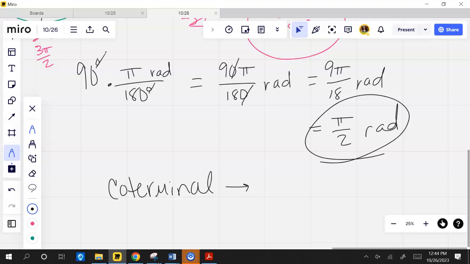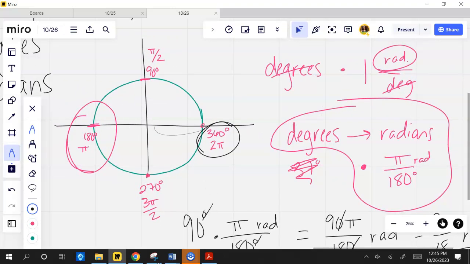We've only done coterminal in degrees. We haven't done it in radians, but it's the same thought process. How many radians does it take to loop all the way around one time? 2 pi.